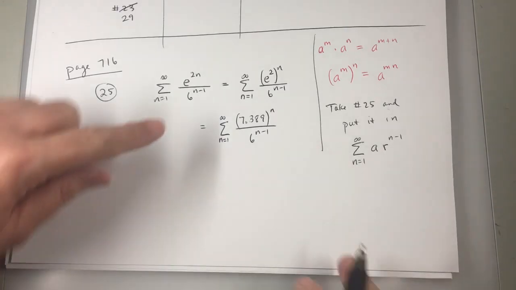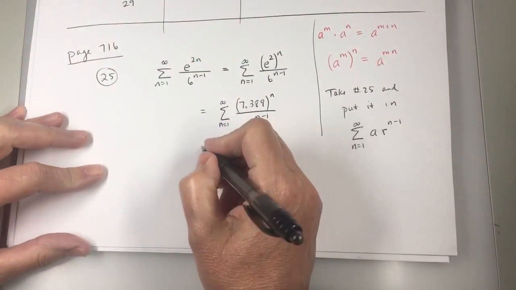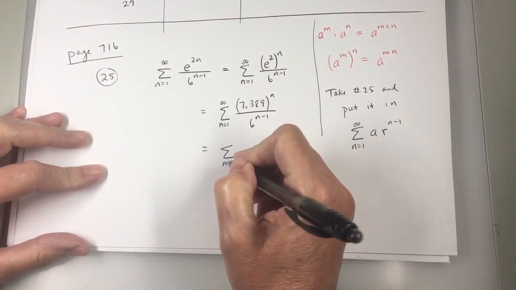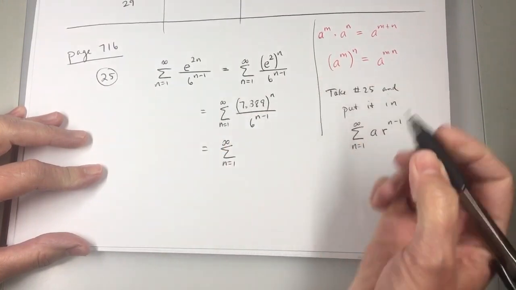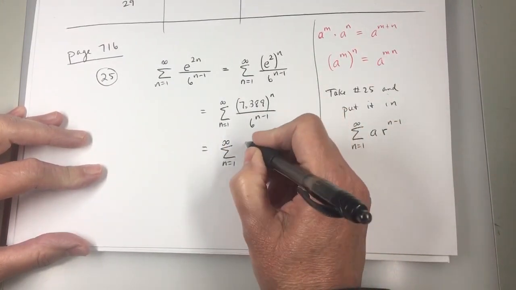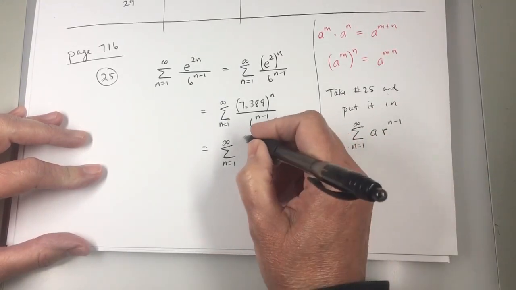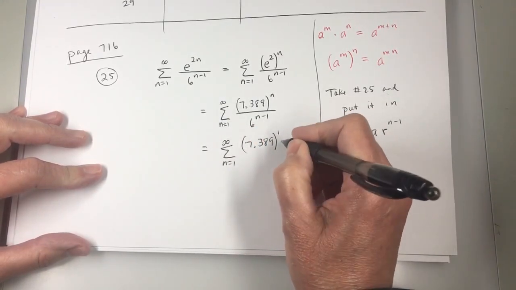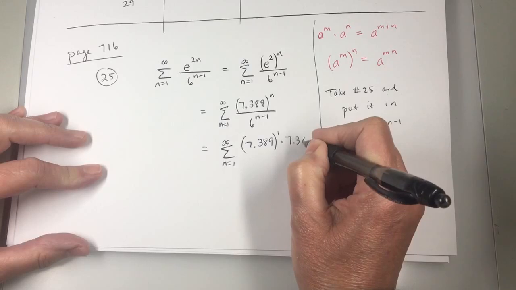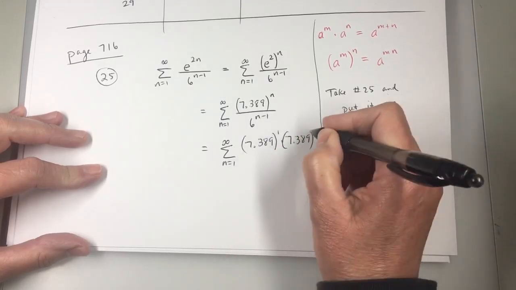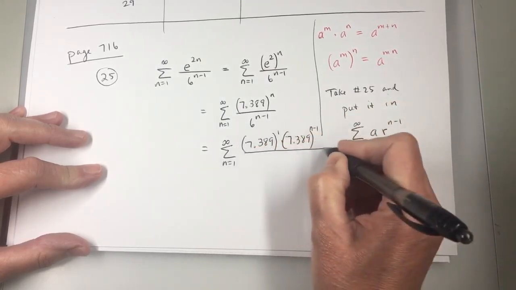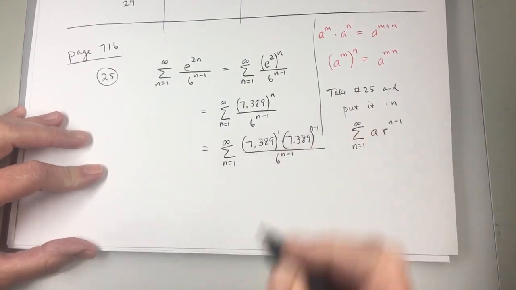But what I can do is take this top part. In fact, the top part, we could just say it is e squared. I'll leave it like this for now: 7.389 to the first power times 7.389 to the n minus 1 over 6 to the n minus 1.